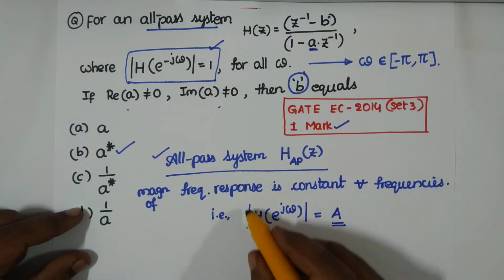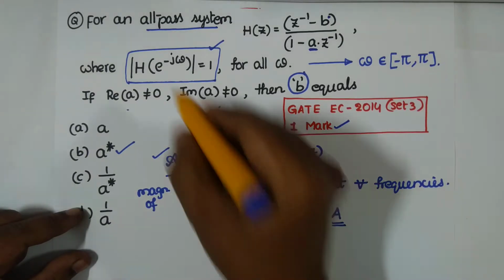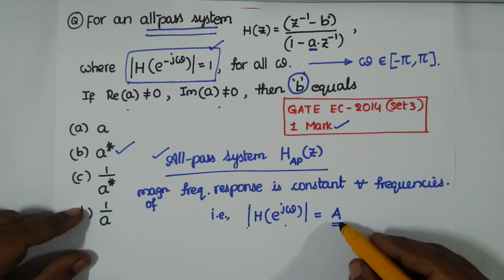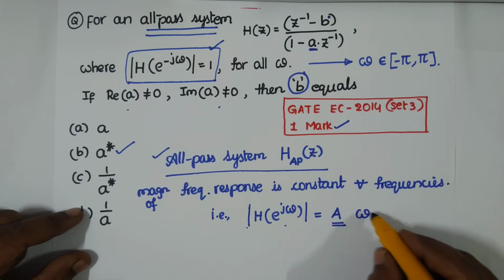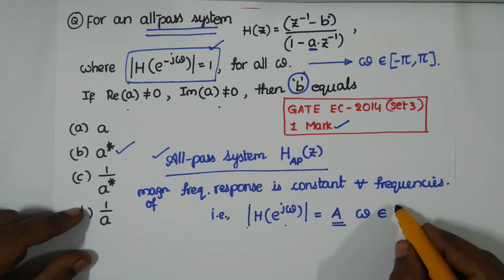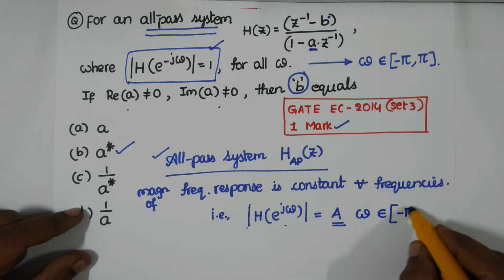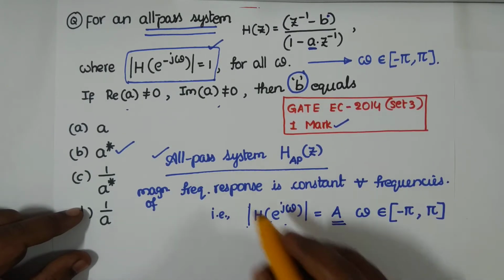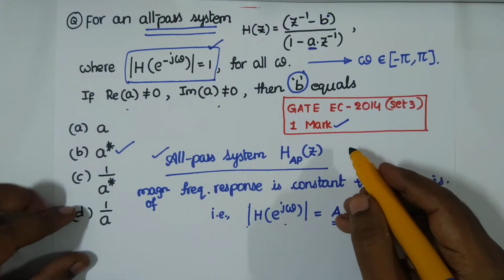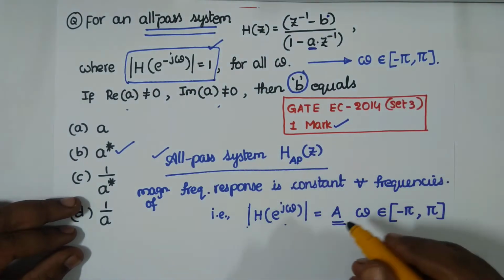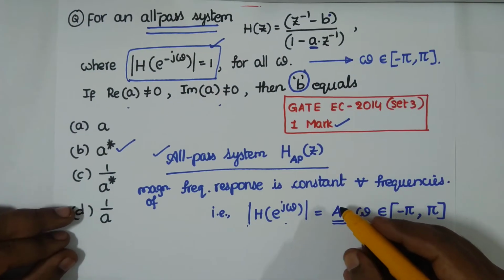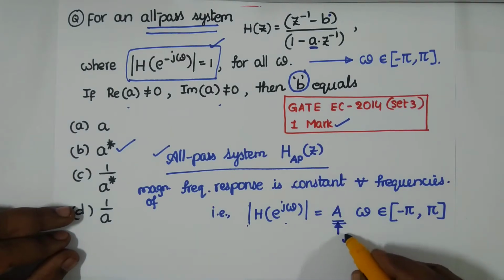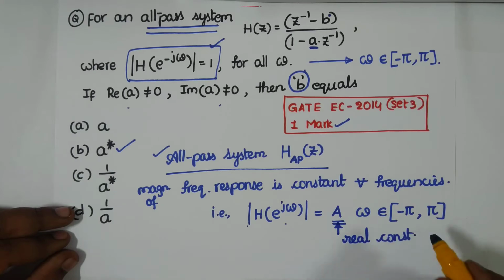The magnitude of the frequency response of this all-pass system could be any real constant. This is a very important point, because most of us think that the magnitude of the frequency response of an all-pass system is always equal to 1. But it need not be 1 always; it could be any real constant.